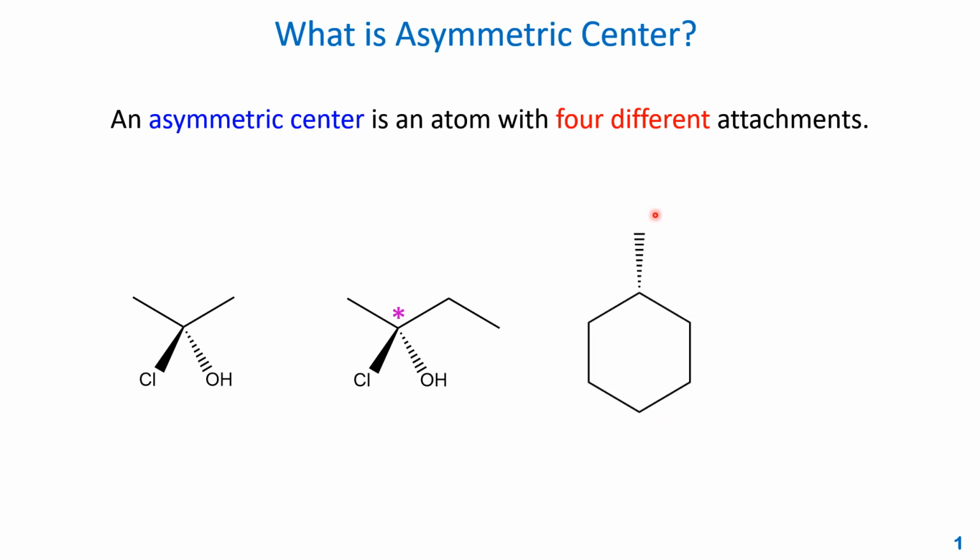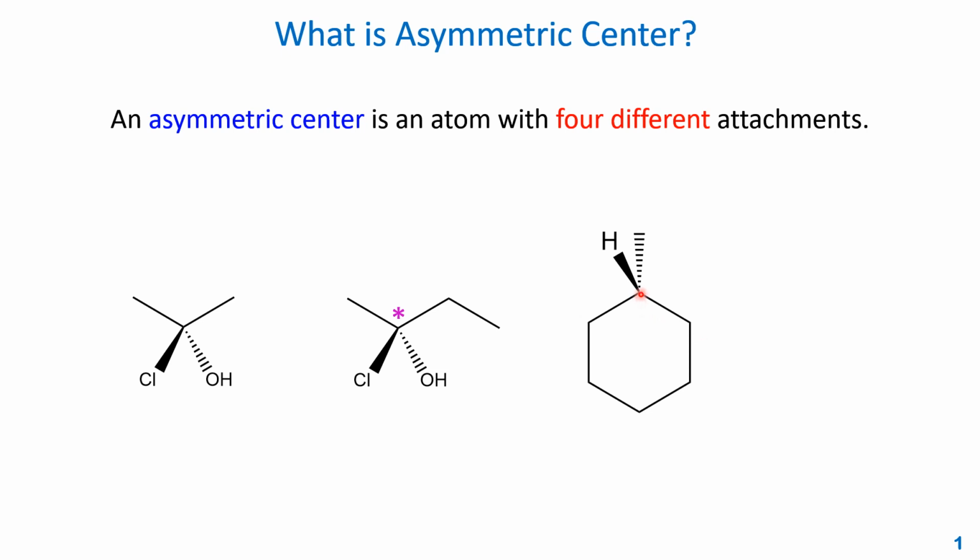And now if you have a cyclic compound, you have a methyl group on this cyclohexane, and if you see the dash, that means you have hydrogen pointed to you. That methyl is away from you. Now this carbon is the only possible asymmetric center. The other 5, they are CH2, so apparently they have the same 2 hydrogens.